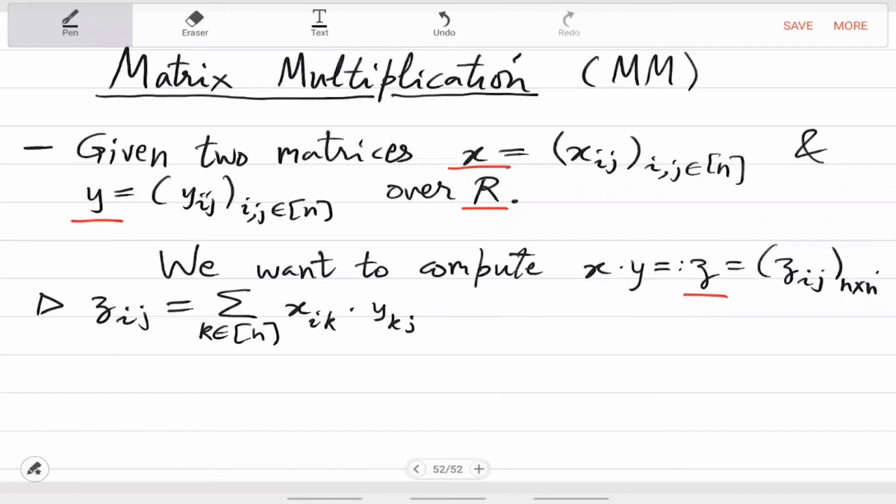This is what you have to compute, and there are three subscripts, i, j and k. So to compute all these products, you will obviously need n cube multiplications. Each subscript takes values 1 to n. So that's the naive algorithm.